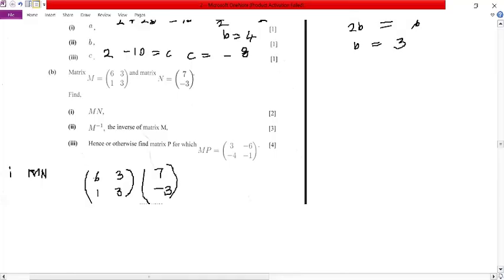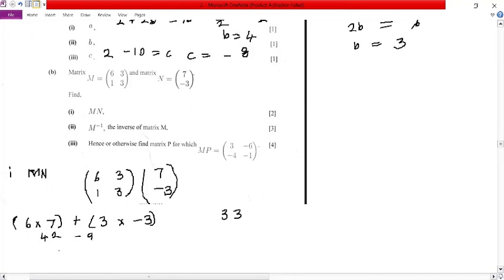So we just multiply row by column. First of all, we multiply 6 times 7, then plus 3 times minus 3. Then we get the first value. So this is 42 minus 9. So it's 33. So the first value is 33.